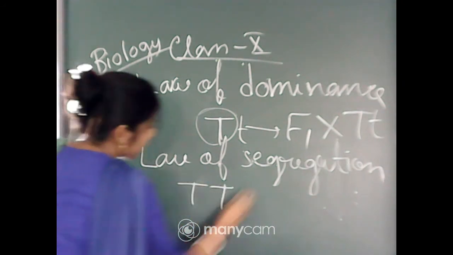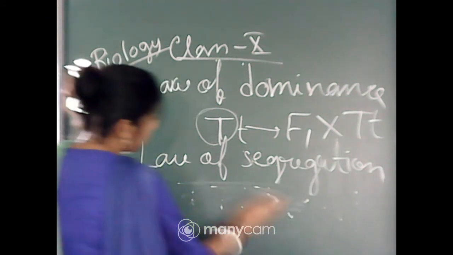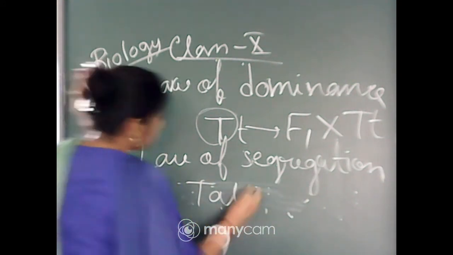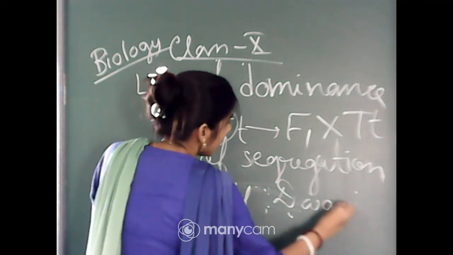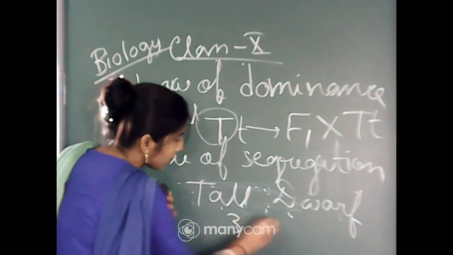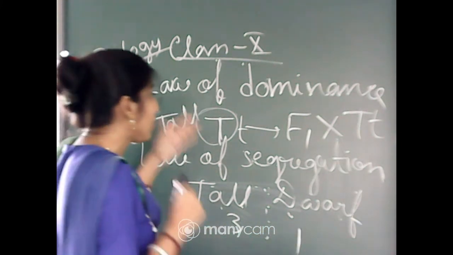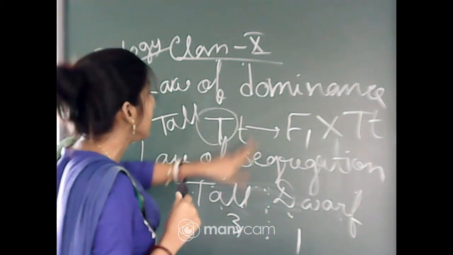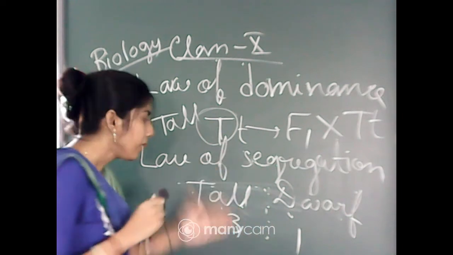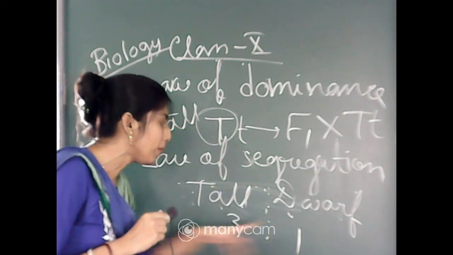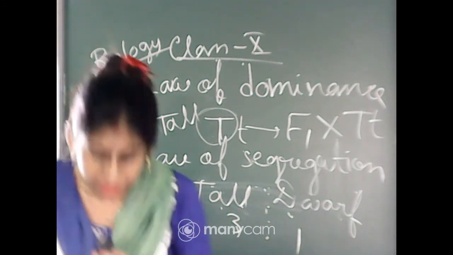In the F2 generation we got two types of plants, tall and dwarf, in a 3:1 ratio. In F1 we didn't get any expression of the small t, but in F2 we got 3 tall plants and 1 dwarf plant. That is the meaning of the law of segregation.